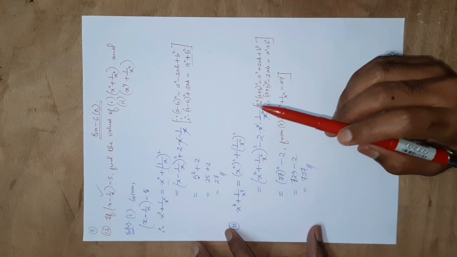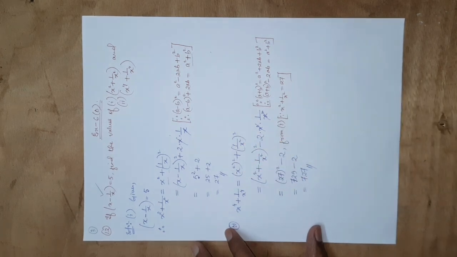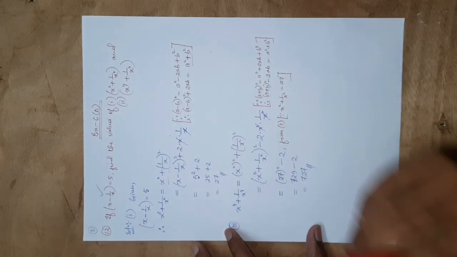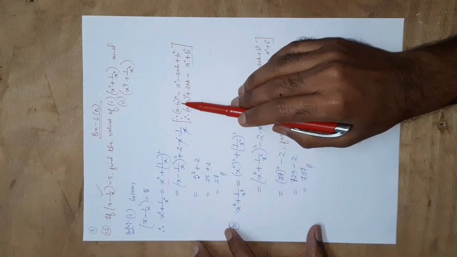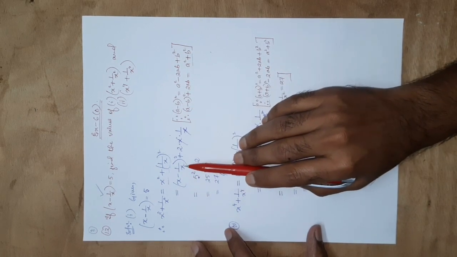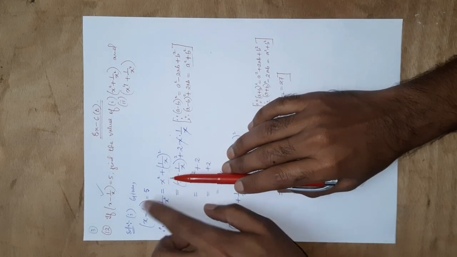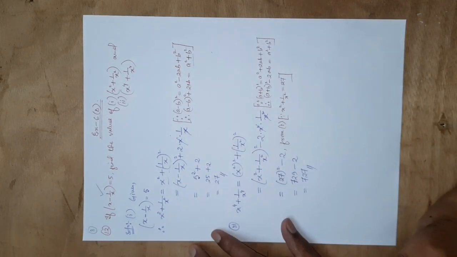Here for a square plus b square, I used this identity earlier and converted it into the form of x minus 1 by x. My aim was to convert this into x minus 1 by x. Here I need not convert into x minus 1 by x because I have two values.